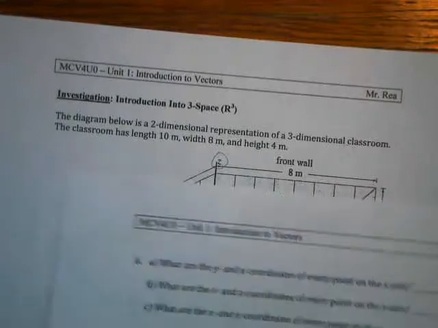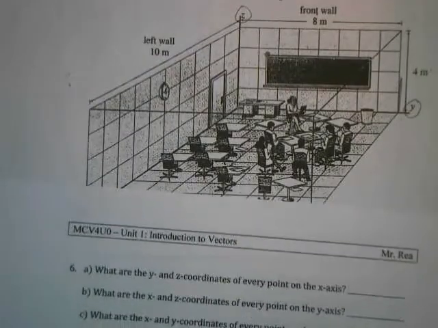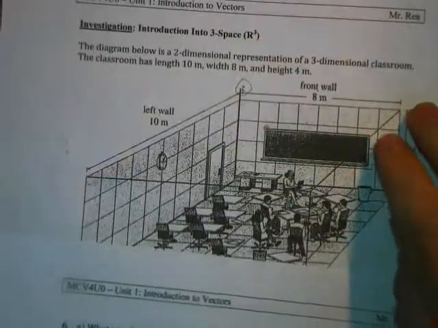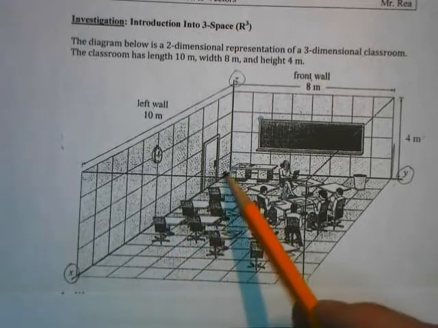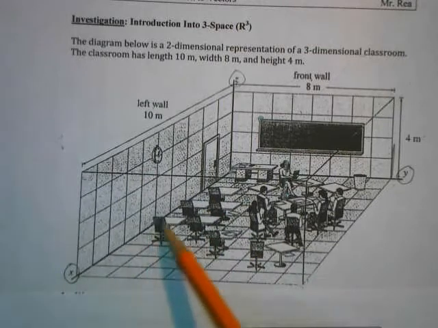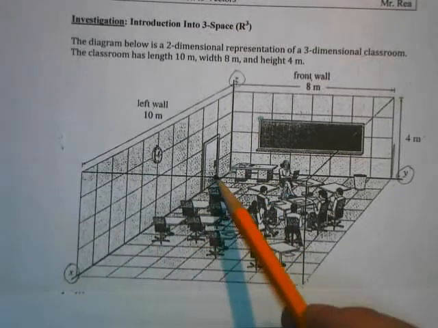So last page here, a few more questions to do. What are the y and z coordinates of every point on the x-axis? So if we look at our classroom again, the x-axis is along here. You can see as I move along the x-axis, the x coordinate is changing. What's happening to the y and the z coordinates?